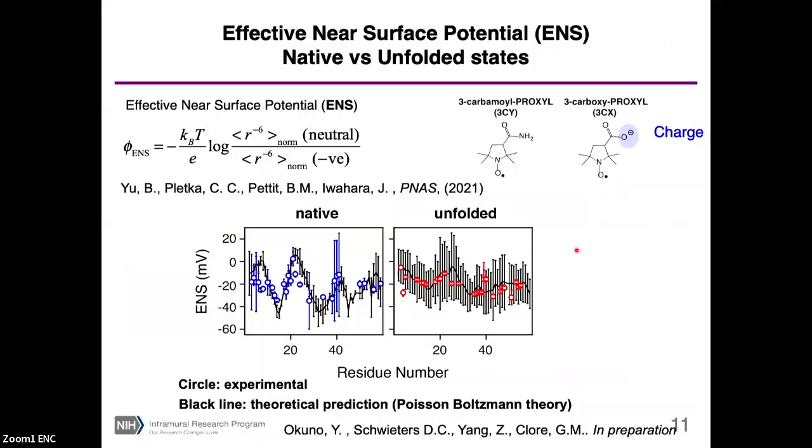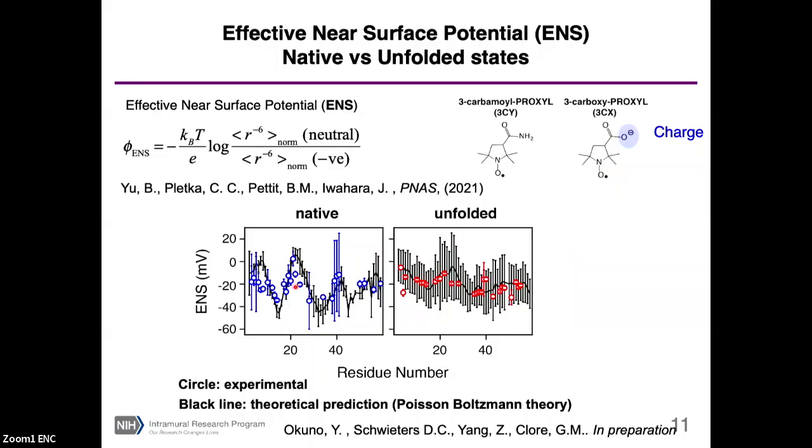So I'm not going to talk about it in detail, but basically ENS allows you to get a measure of how electrostatic potentials are distributed over the surface of proteins. And we can get this experimentally by measuring the solvent PRE for two different co-solutes with different charge. In this case, I used the negatively charged co-solute and the neutral co-solute to get this ENS.